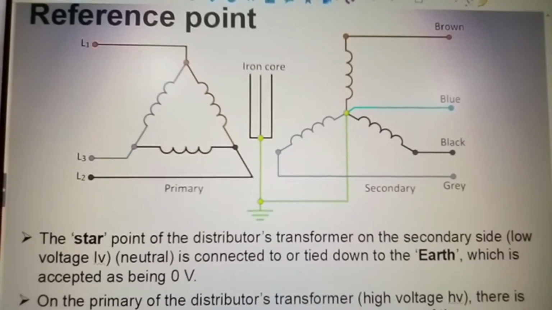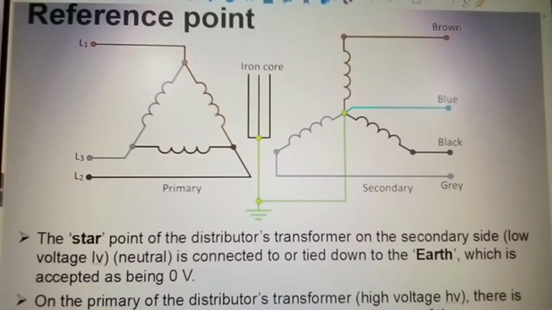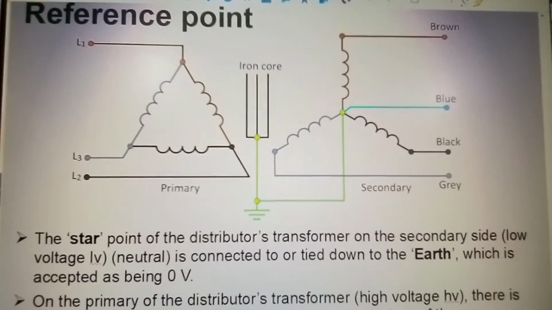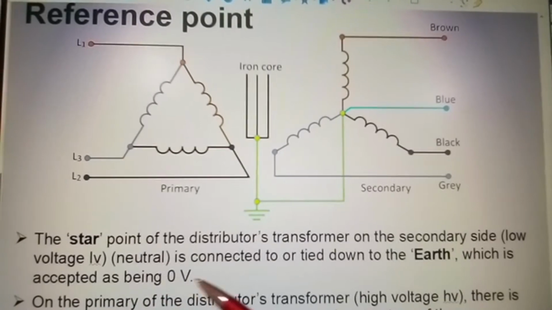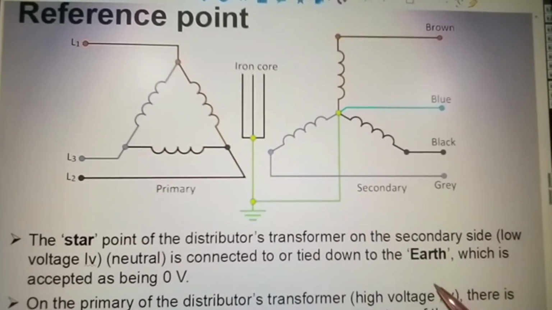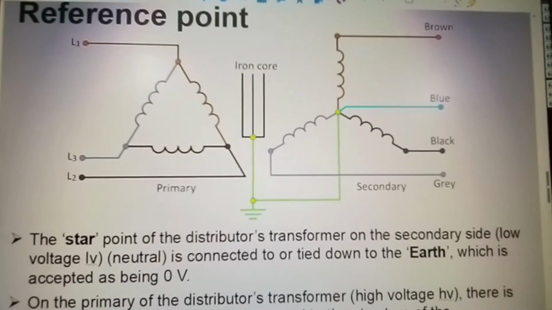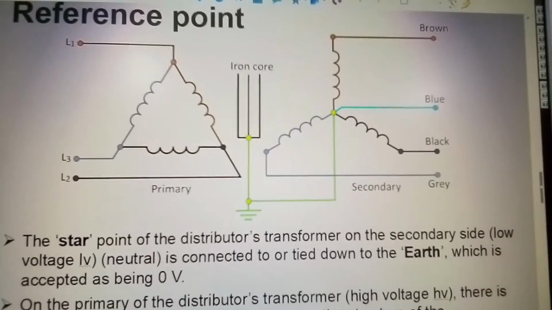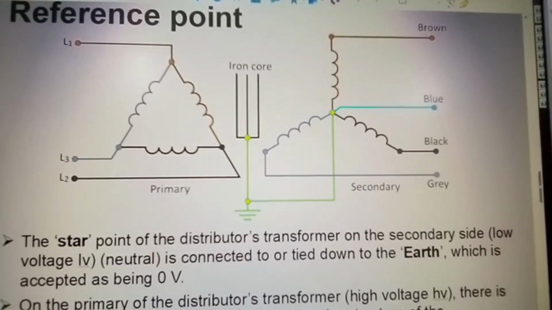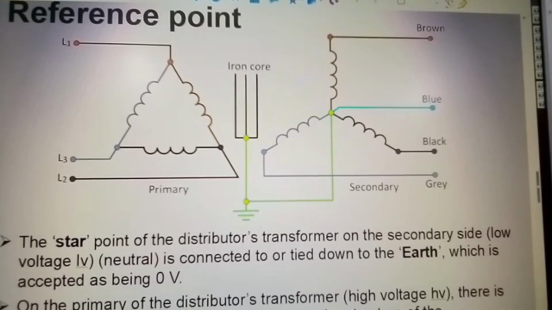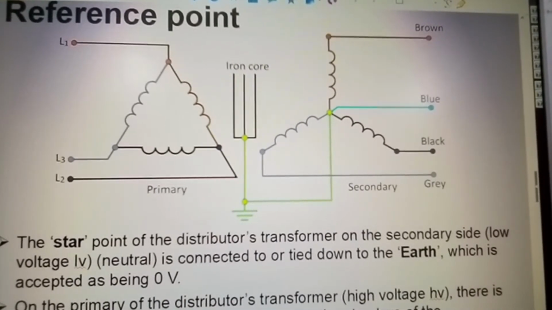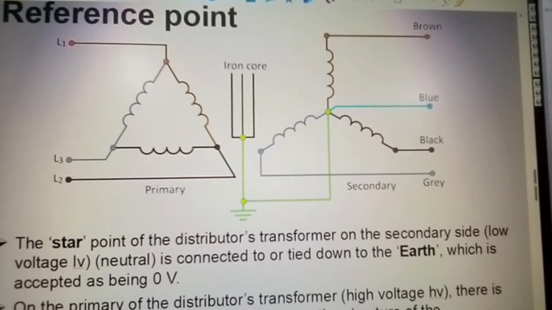Now the star point of the distributor's transformer on the secondary side, the low voltage side, neutral, is connected or tied down to the earth, which is accepted as being 0 volts. On the primary of the distributor's transformer, high voltage HV, there is an earth provided, and this is connected to the structure of the transformer itself.